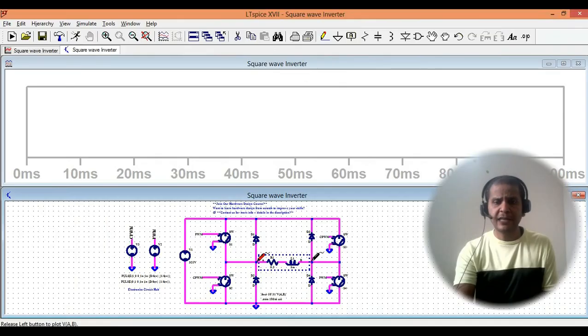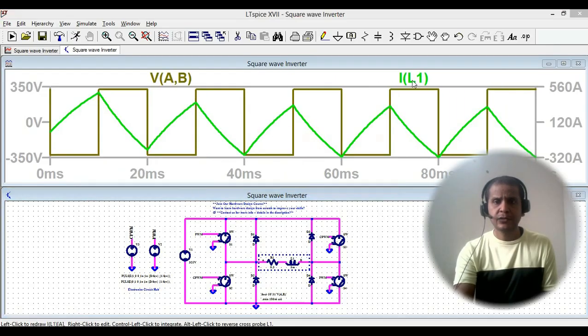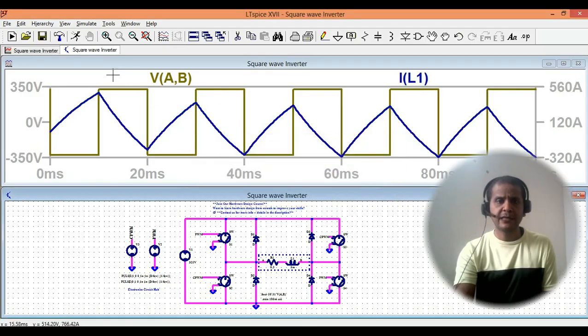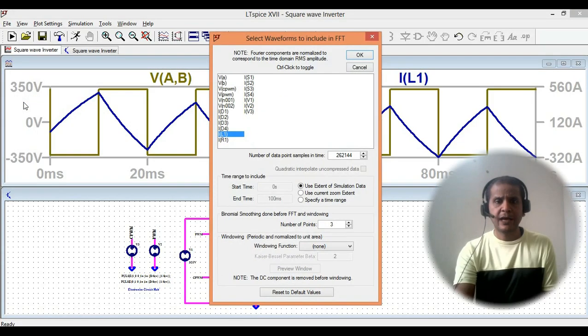Now let me run the fast Fourier transform for your voltage and current. In order to run the FFT, this is your voltage, and this is your current. So you have now your voltage and current. Go to View and run FFT. So I am going to run FFT for both.